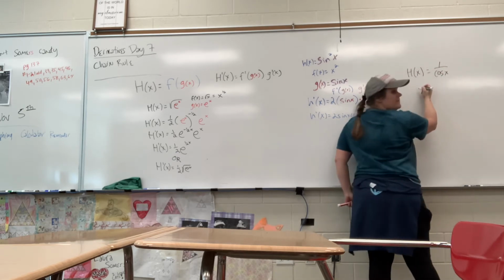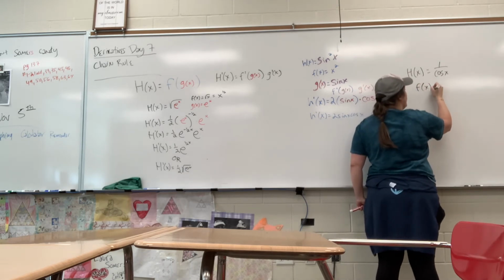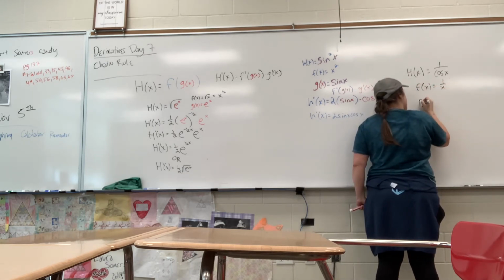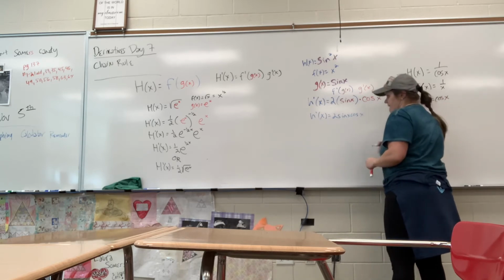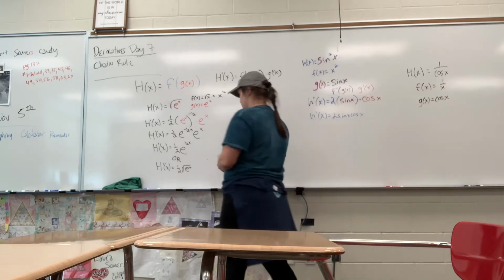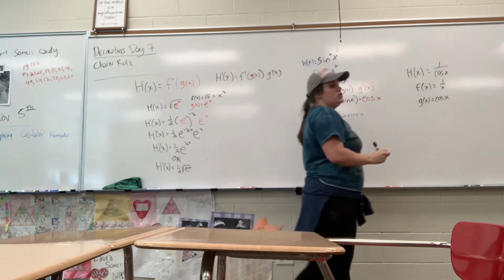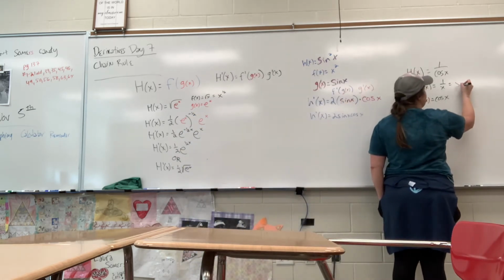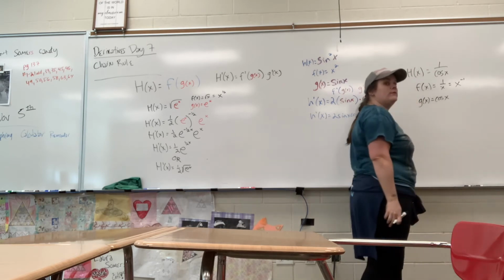So on that one, my f of x was 1 over x, right? And my g of x then is cosine of x. So in order to find this derivative, I want to rewrite it for my power rule, right?